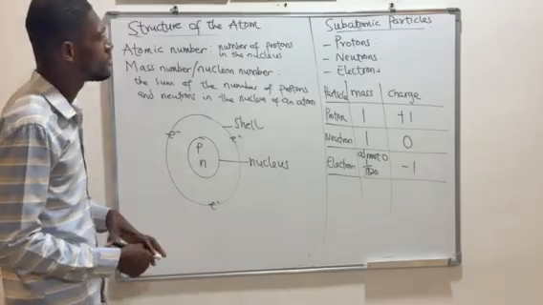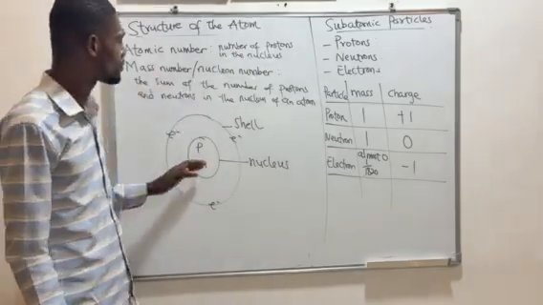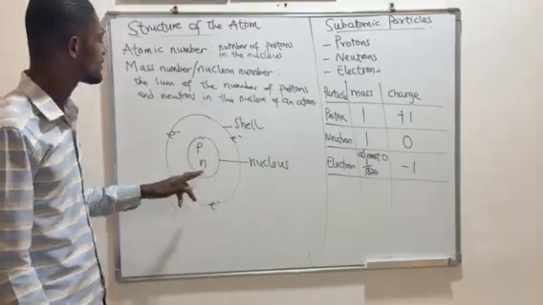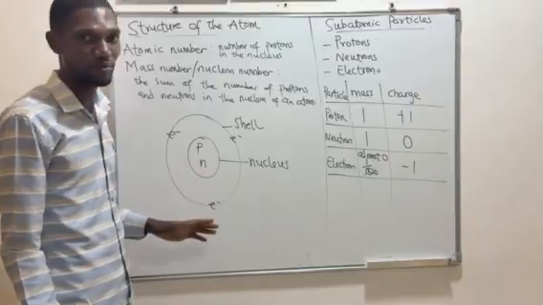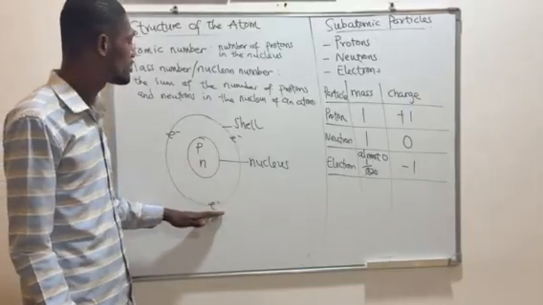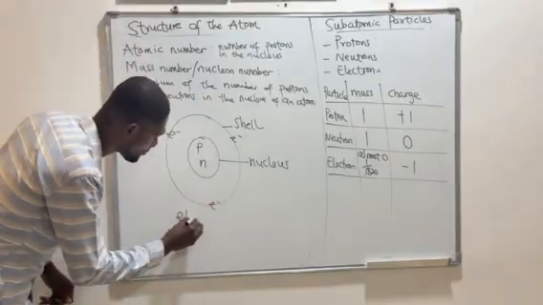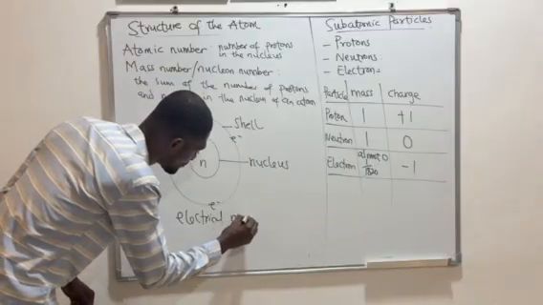Now another thing you need to take note of is that the number of protons in any given atom is the same as the number of electrons in that atom. So with this information, we say that the atom is electrically neutral.